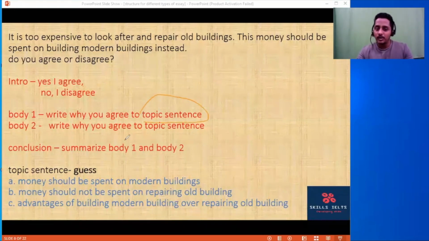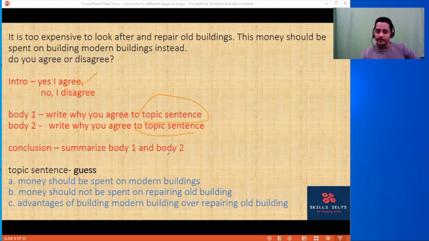Body two, why you agree with the topic sentence. Again, not disagree. Here you agreed. You're going to agree throughout. And the conclusion is, whatever you have written, just summarize it. Summarize body one, body two. So now can anybody guess what is the topic sentence among these three? Is it A or B or C?